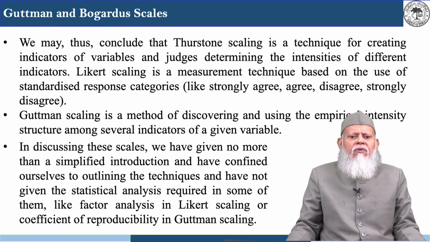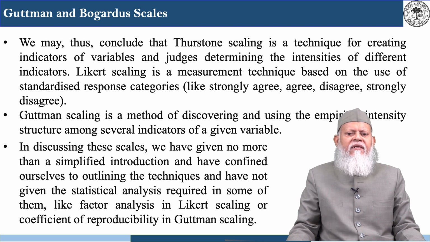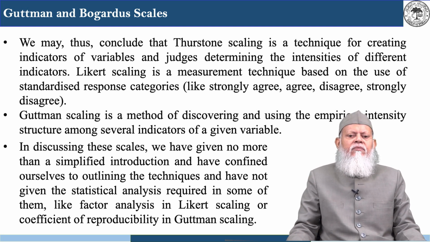We may thus conclude that Thurstone scale is a technique for creating indicators of variables and judges determining the intensities of different indicators. Likert scaling is a measurement technique based on the use of standardized response categories like strongly agree, disagree, strongly disagree.